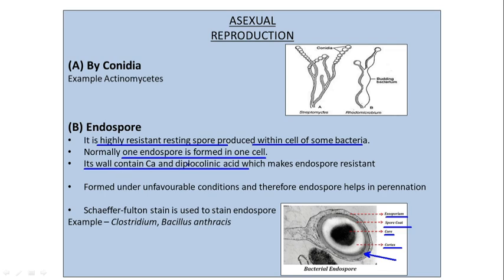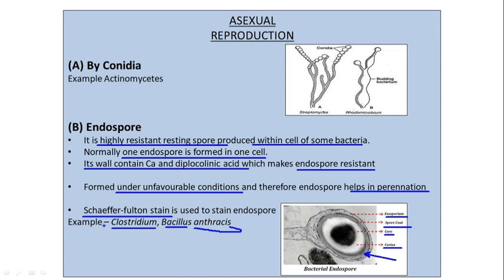These two compounds, calcium and dipicolinic acid, make the endospore quite resistant. These endospores are formed under unfavorable conditions and help them in survival. We can easily detect these endospores using the Schaeffer-Fulton stain. For example, we can detect Clostridium, Bacillus and Anthracis using this stain.